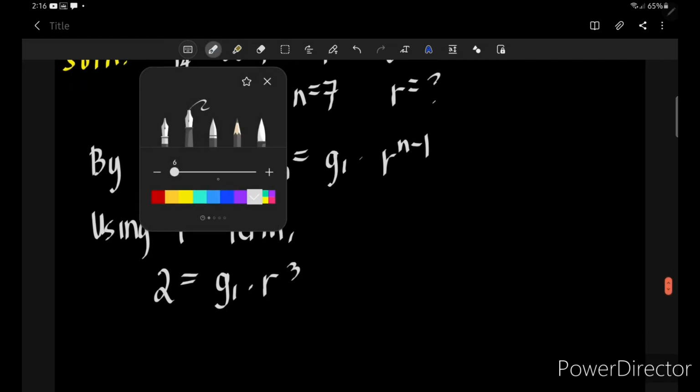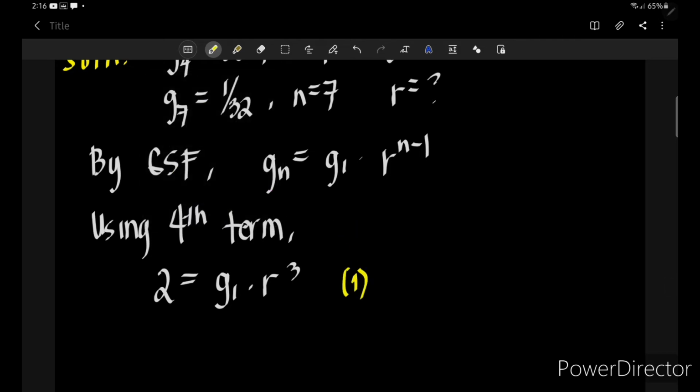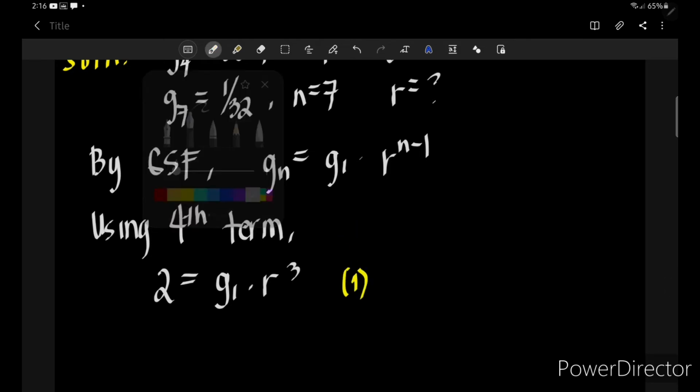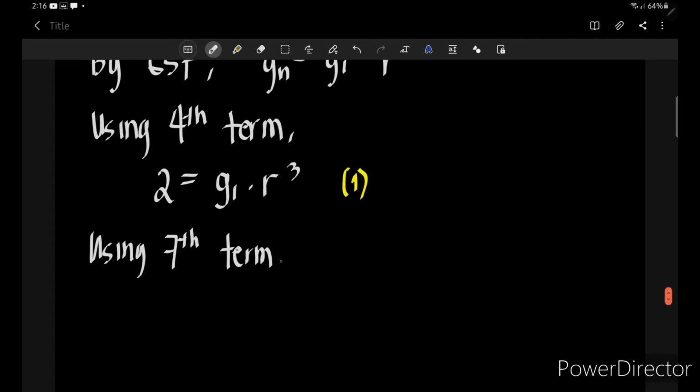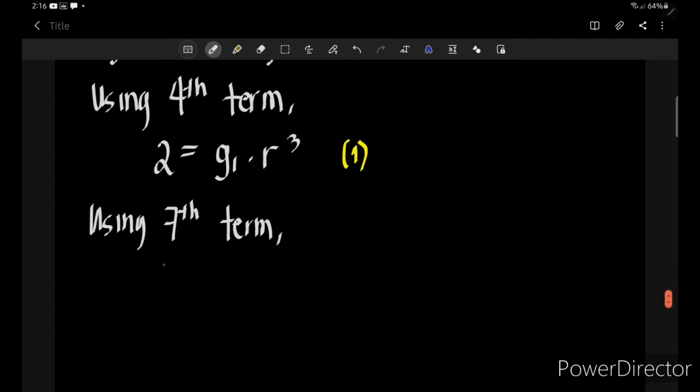Tawagin natin itong equation 1 since gagamitin natin siya later. Okay. Using 7th term, okay, we have now 1 over 32 equal G sub 1 times R raised to 7 minus 1, which is equal to 6. And dito, tatawagin naman natin itong equation 2.